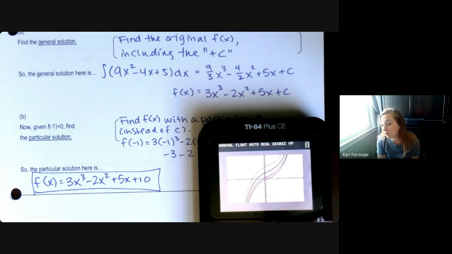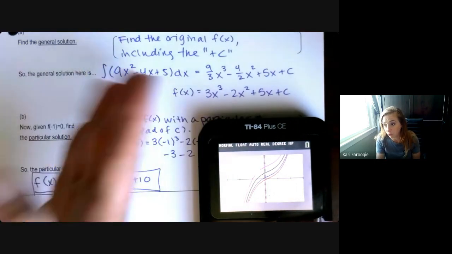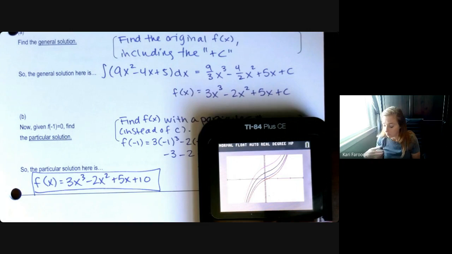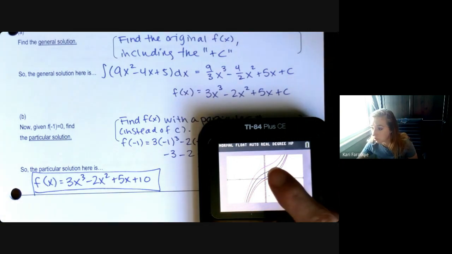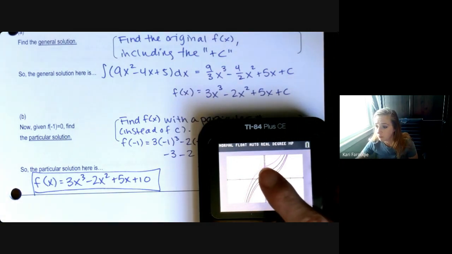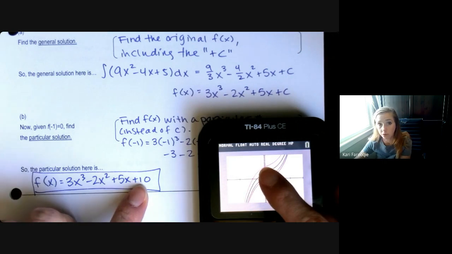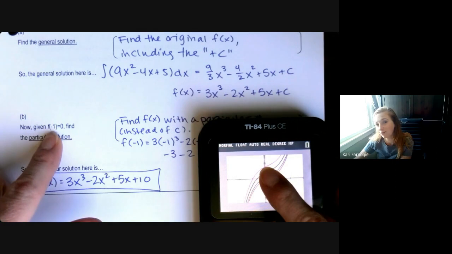This is beautiful. This is just the family of functions, a very, very small subset of general solutions. But what we ended up isolating was this pink curve. Sorry if it doesn't look pink to you, but this one is the one that goes through 0, 10, or -1, 0.